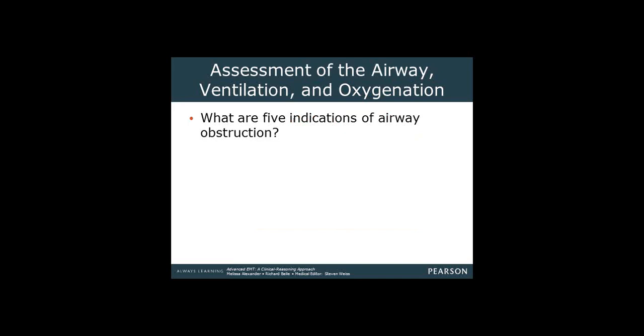So, what are the 5 indicators of an airway obstruction? They would be things such as: they're apneic, of course. The patient has little to no audible sounds, or they're unable to speak. In many cases, we also have the patient who is holding their hands to their throat, kind of the universal sign for choking.